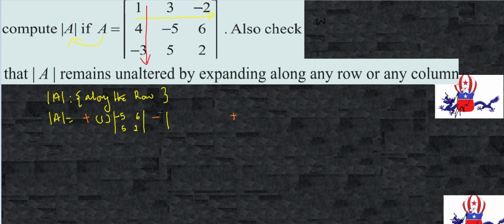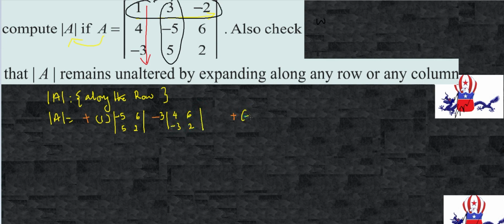Now, the next element is going to be 3. Place that element 3. Leave all the elements that fall along the column of the element 3 and along its row. That would leave us with 4, 6, negative 3, and 2.